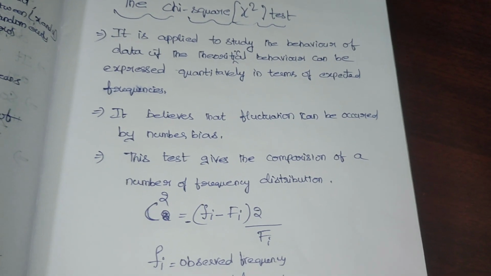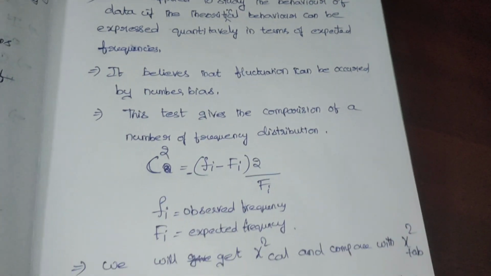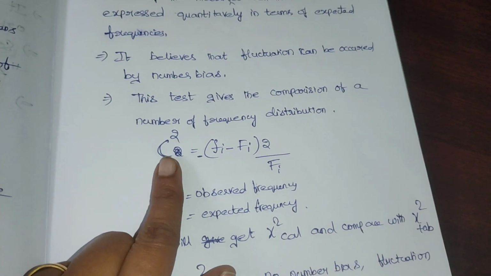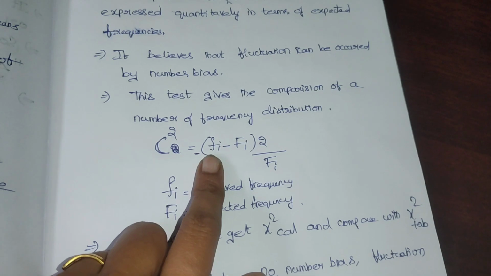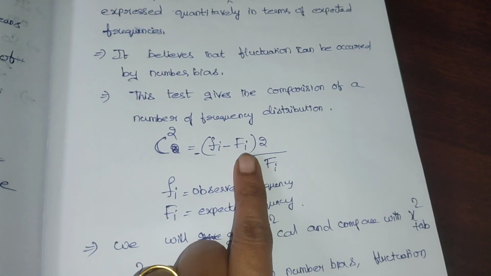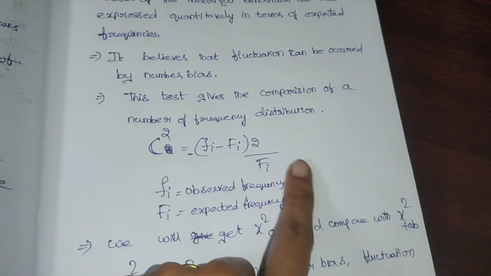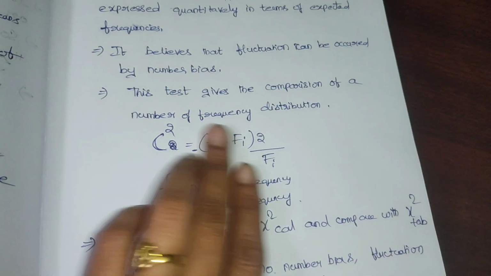I already told you, we take the observed frequency and compare with the expected frequency. So chi-square is equal to the sum of observed frequency Fi minus expected frequency capital Fi, squared, divided by expected frequency. So like this we can calculate.